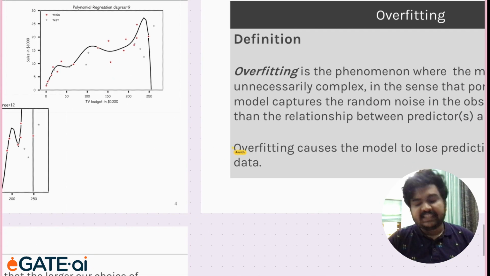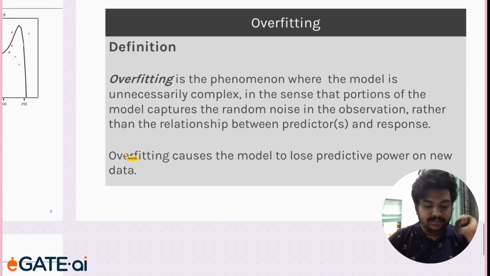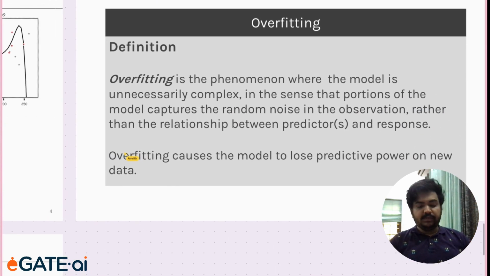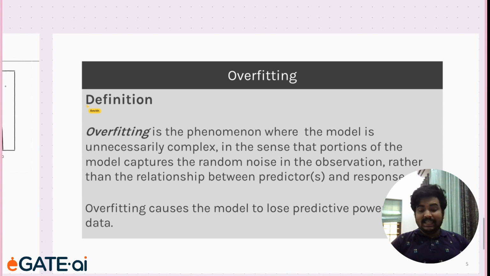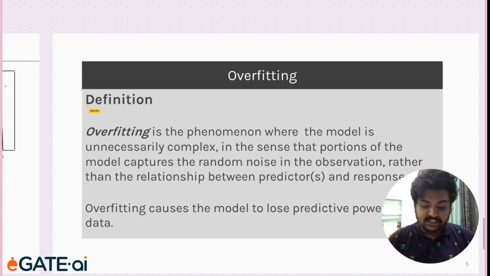So overfitting is the phenomenon where the model is unnecessarily complex, in the sense that portions of the model capture the random noise in the observation rather than the relationship between the predictor and the target. So overfitting causes the model to lose predictive power on new data.